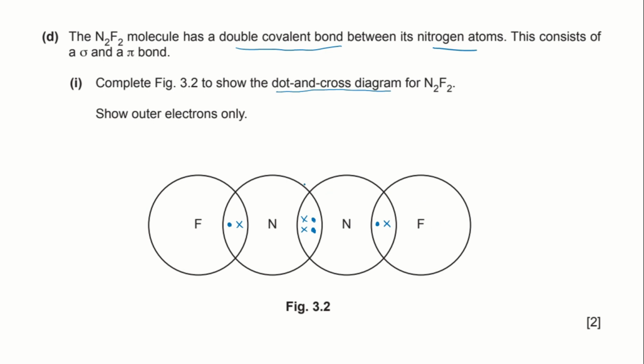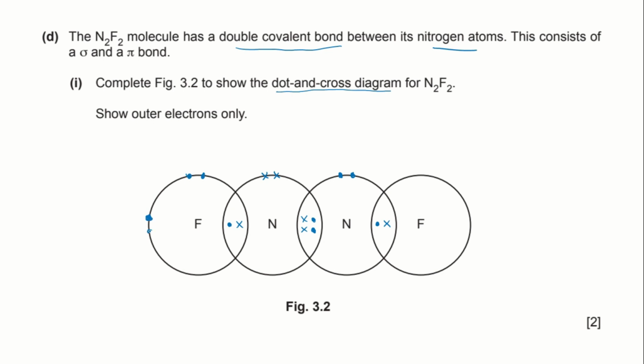Nitrogen, again 5 valence electrons, I've used 3 here, so 2 more will be lone pair. This one, lone pair. Fluorine on the left, fluorine is from group 17, it has 7 valence electrons. Okay, we have used 1 here, so that means 6 more, 3 more lone pairs.